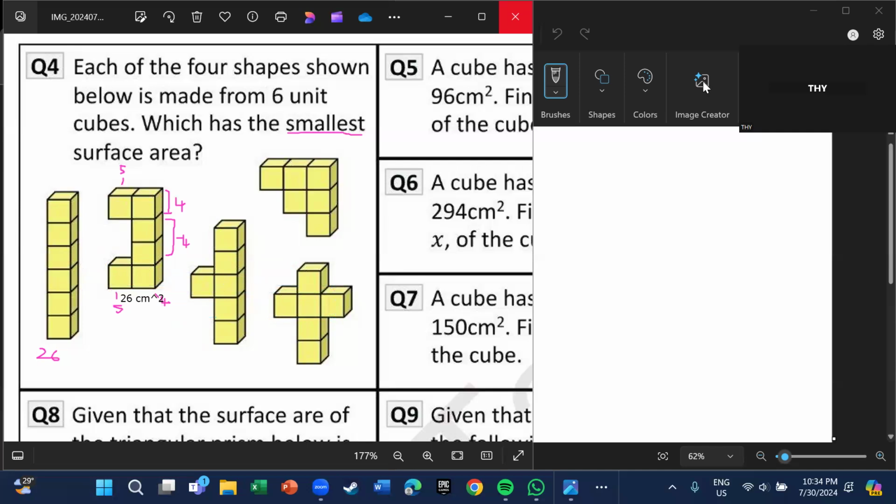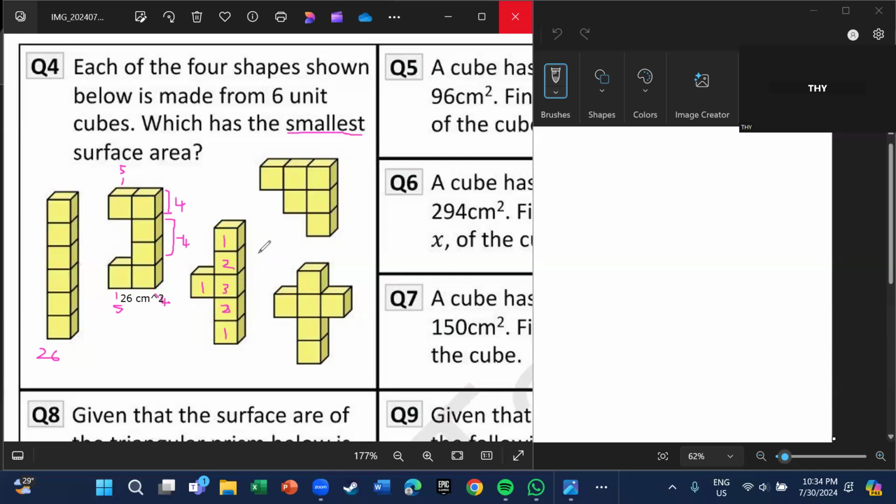This one right here is also simple. I'm just going to label the ones that are similar. This is 1, this is 1, this is 1, this is 2, this is 2, and there's 3. It all makes sense in a while.